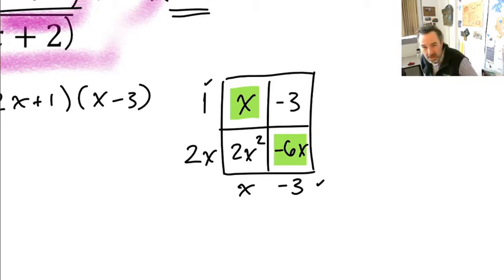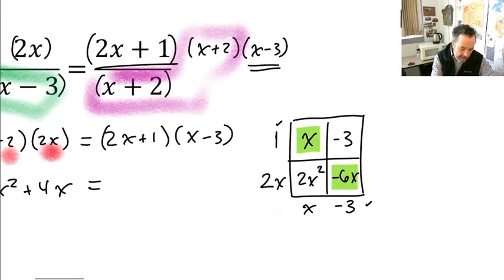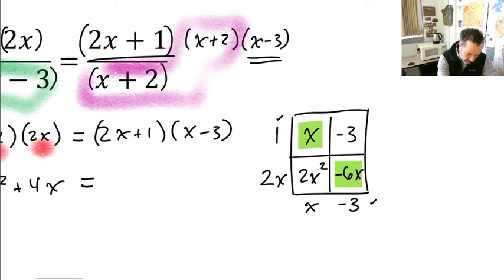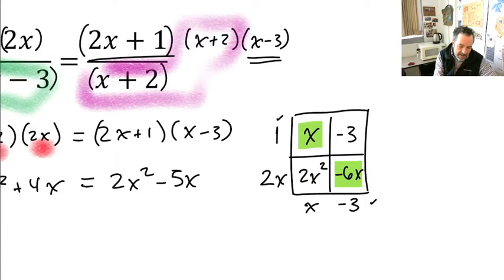But the rest, I'm just adding them all together. So here's what I get. I will get a 2x squared. And then when I add the x and the negative 6 times x, that's going to become a negative 5x. And then when I add the negative 3 in there, this is what I get.